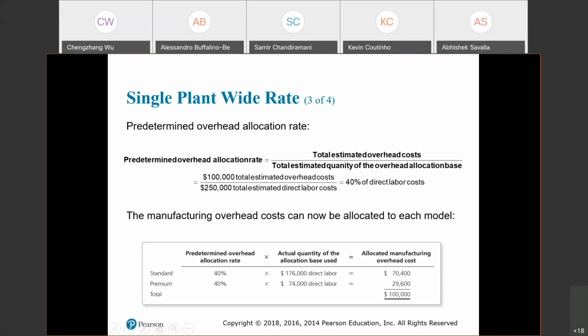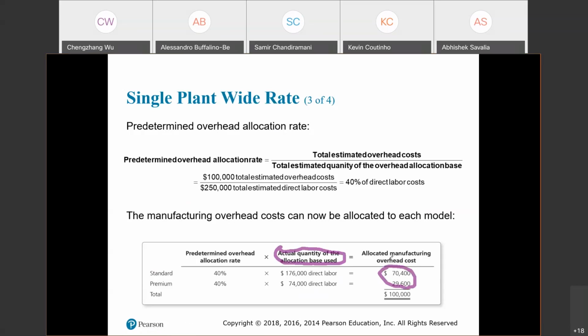But please note that this direct labor cost is the actual quantity of the allocation base, in other words, the actual cost of labor. In this way, we get the result here.